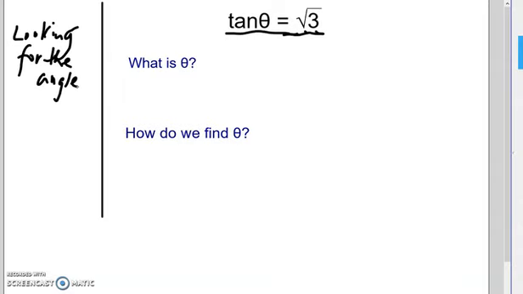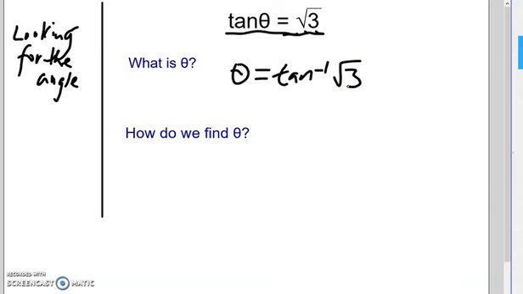Another way to write this is we can take an inverse tan relation of both sides and write something like this. Theta is equal to tan inverse of the square root of 3.